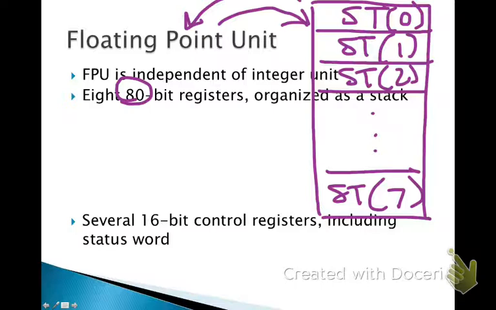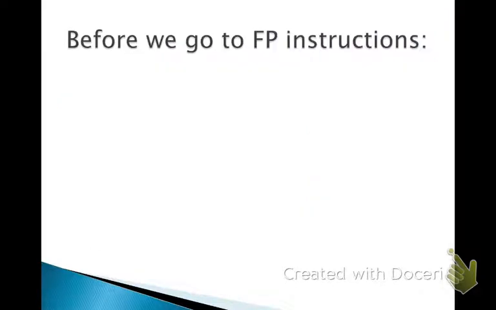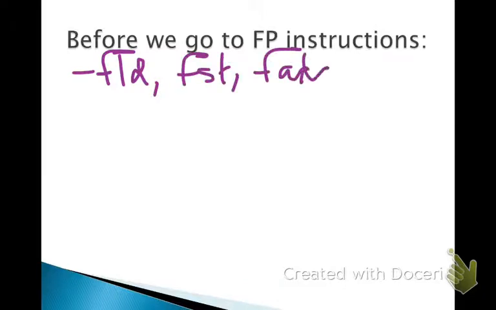Now, before we go any further into instructions, let me just point out a few notes about each one of these. Each of the floating point instructions is going to be prefaced by the letter F. So float load, for example, float store, float add, and so on.